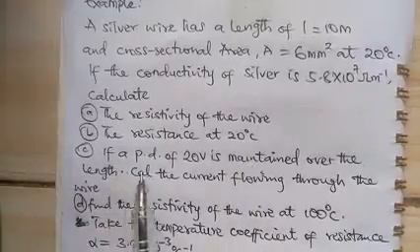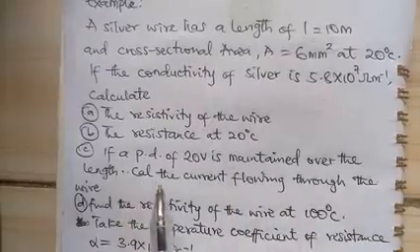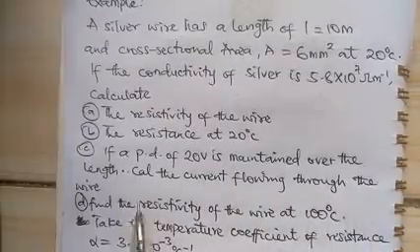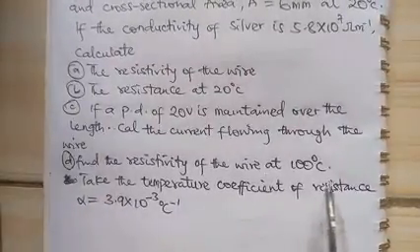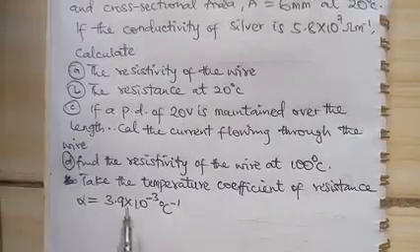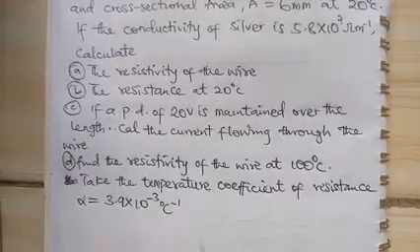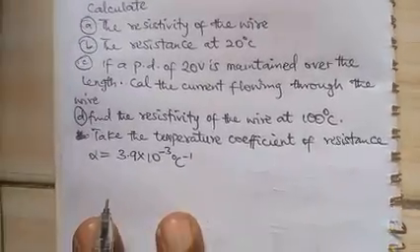C, if a potential difference of 20 volts is maintained over the length, calculate the current flowing through the wire. D, find the resistivity of the wire at 100 degrees Celsius. Take the temperature coefficient of resistance alpha equals 3.9 times 10 raised to power minus 3 per degree Celsius.